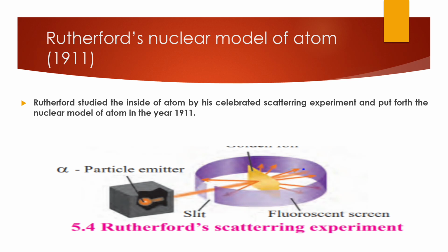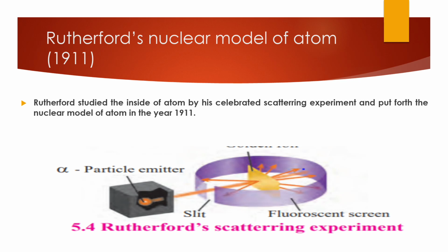That yellow colored thin foil is made of gold, and this foil is bombarded with positively charged alpha particles emitted by a radioactive substance. In a black cabin you can see the radioactive substance, which is emitting the alpha particles or alpha radiations. You can see the labeling there, alpha particle emitter. Rutherford observed the path of the alpha particles by means of a fluorescent screen around the gold foil.